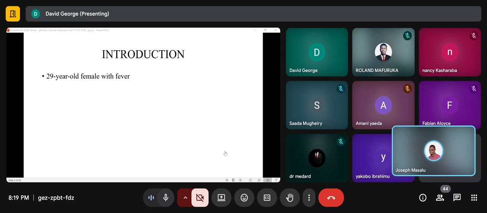We'll see in the forthcoming slides. But when they mount fever, it means their immunity is reacting to something in an individual of this age. So every day I say, when you see fever, for me, it's an infection until proven otherwise.